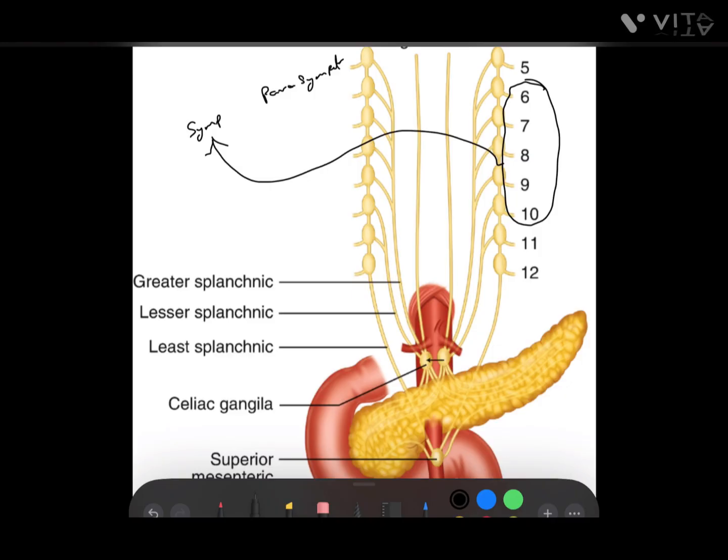So this T6 to T10 is the sympathetic nerve supply, and next, the parasympathetic is the vagus nerve. Because of this we can see severe epigastric pain. Whenever a patient comes with pancreatitis, the patient will get severe epigastric pain and it will radiate to the back.